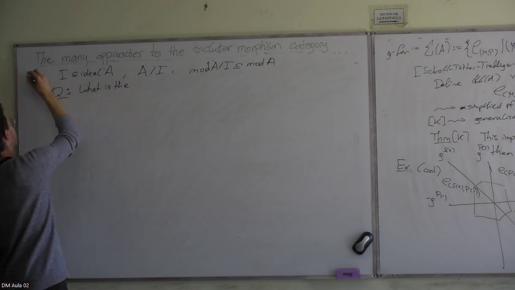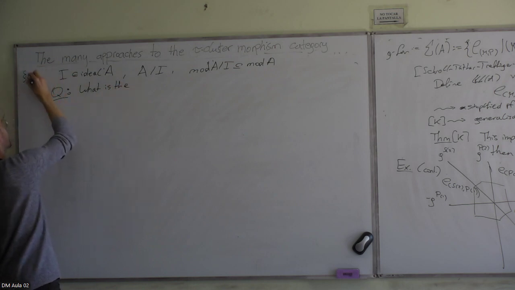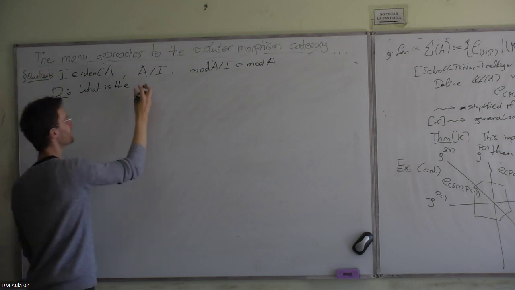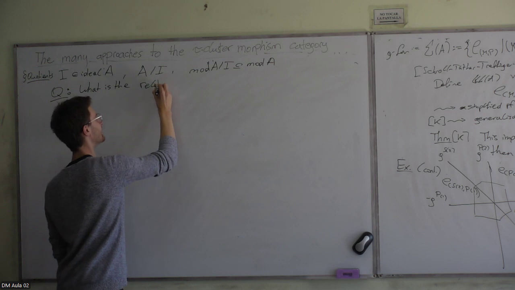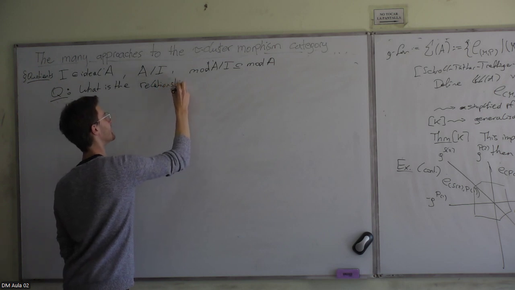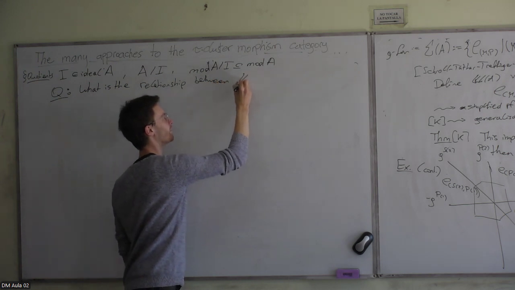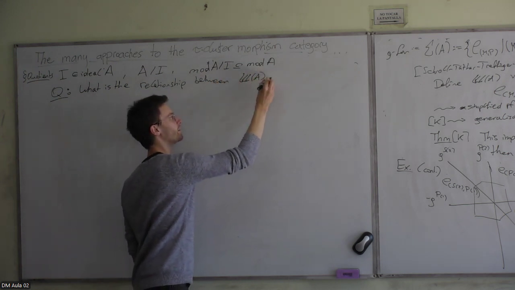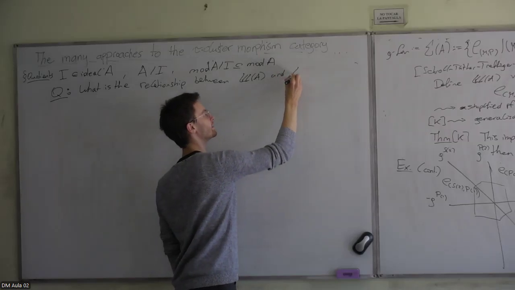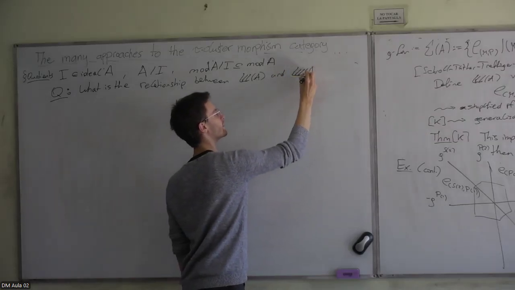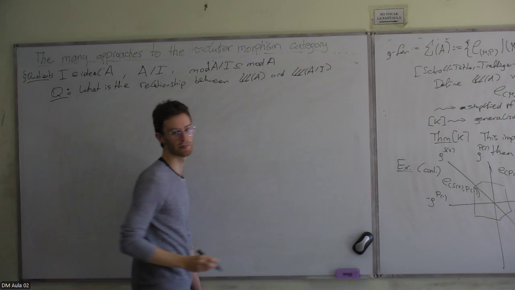It's a very natural question, I think, to ask, what is the relationship? This should now be the section on quotients. What is the relationship between the tau-cluster morphism category of A and the tau-cluster morphism category of A quotient I?